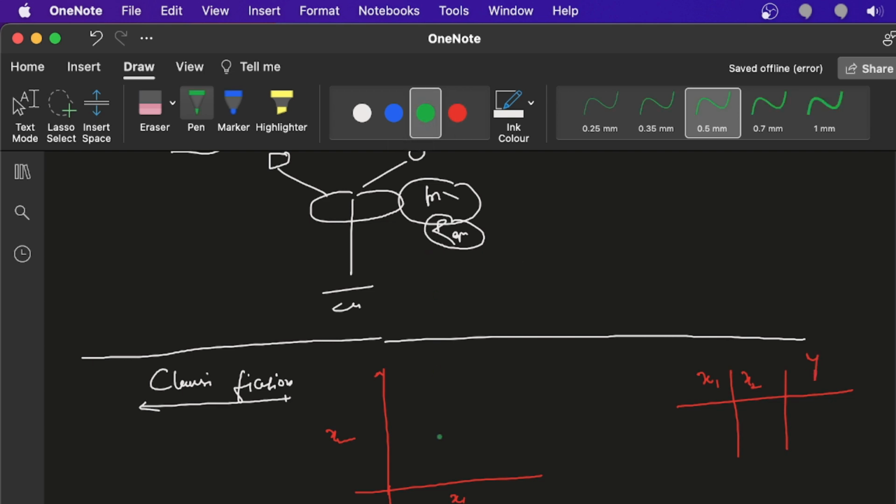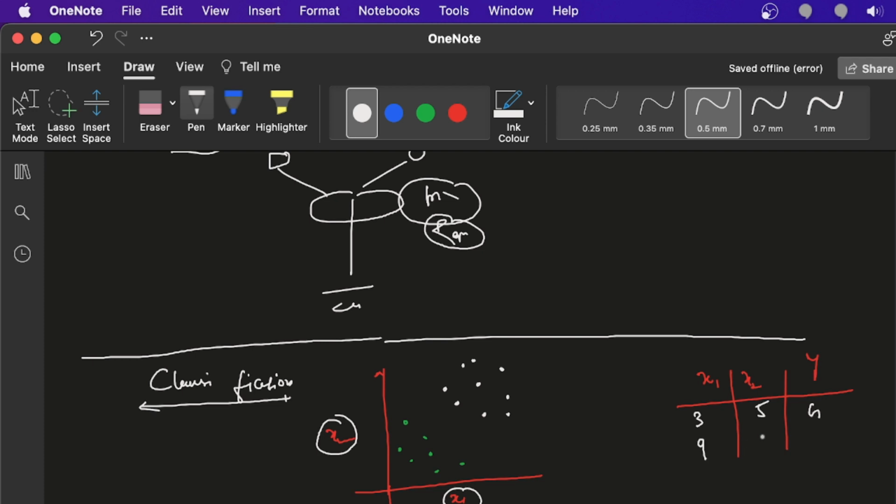There are some points with x1 and x2 values. Here you see this is your x1, this is your x2. Some x1 is like 3 or 5 and the output is green, 9 and 7 is red.